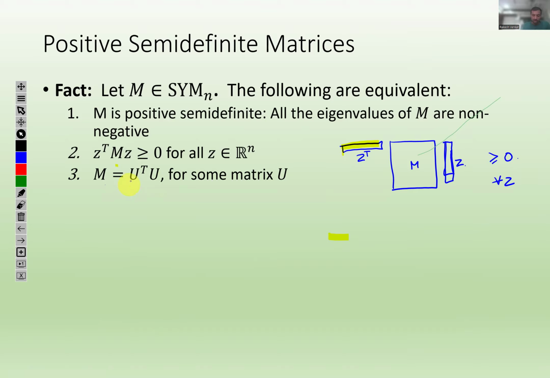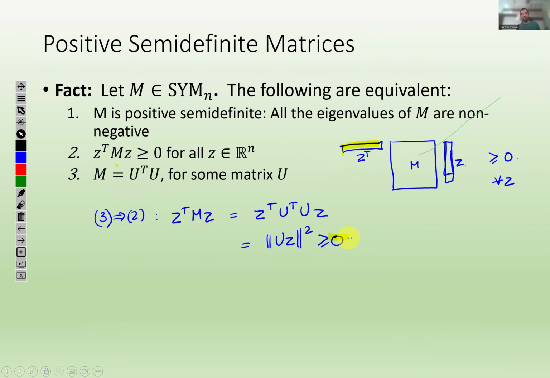Notice that 3 implies 2 immediately. It is useful and easy to see as an exercise because if you have Z transpose MZ and I know 3 holds, then this is Z transpose U transpose UZ, which is just the 2 norm squared of U times Z, which always is greater than or equal to 0.